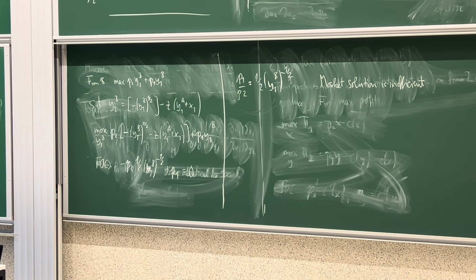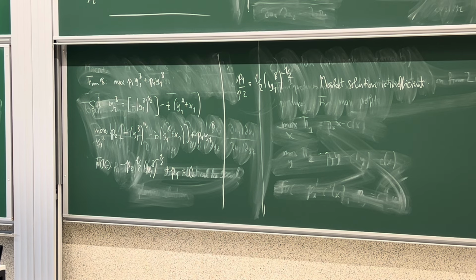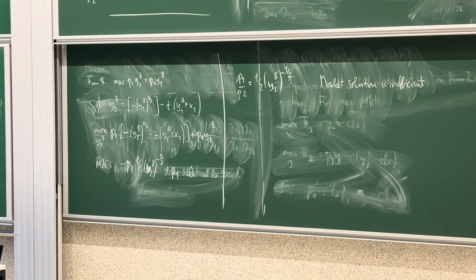And UB is the standard one, without externality. So this is a positive externality caused by consumer B. And the initial endowments are 1, 0, 1.